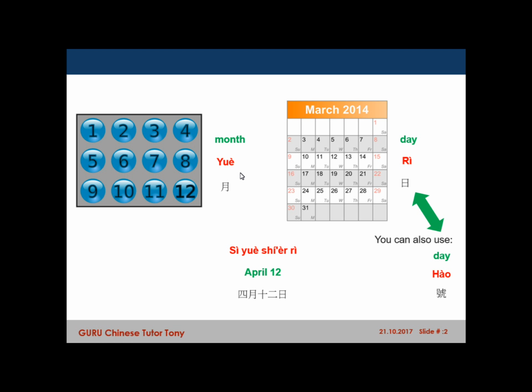So you just put the number before the 月, so you can express the months, January to December, in Chinese.